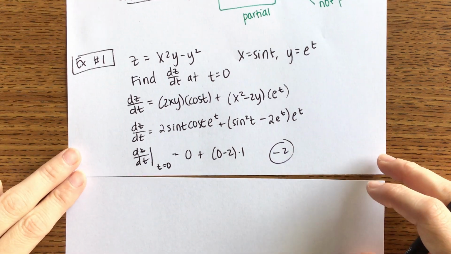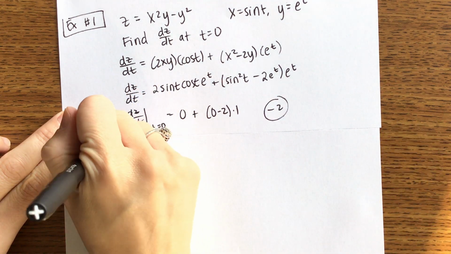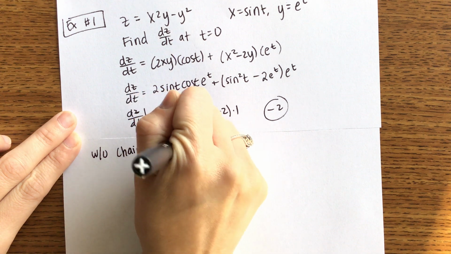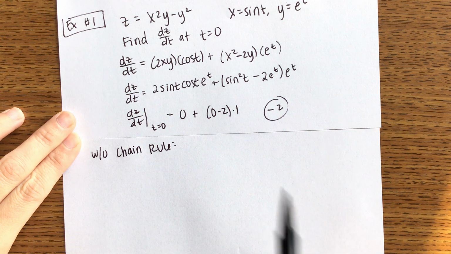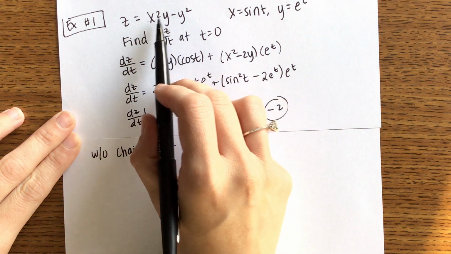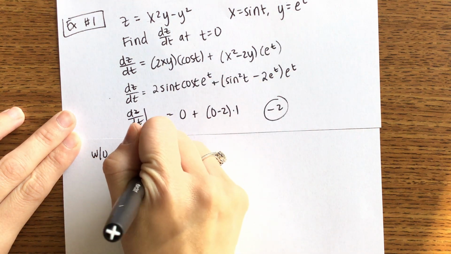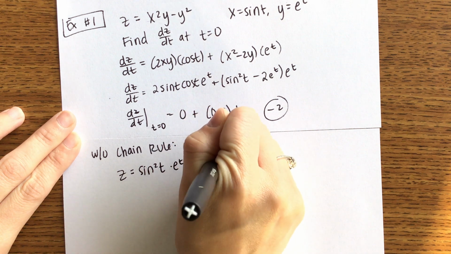Okay, so real quick, I also want to do the same problem if we didn't use the chain rule. So if you didn't want to use the chain rule, you need to write z as a function of t. So you're going to substitute in these two functions for x and y. So we get z equals sine squared t times e to the t minus e to the 2t.